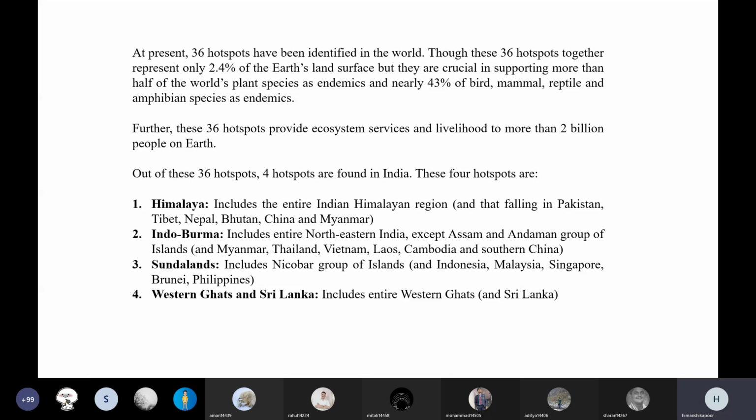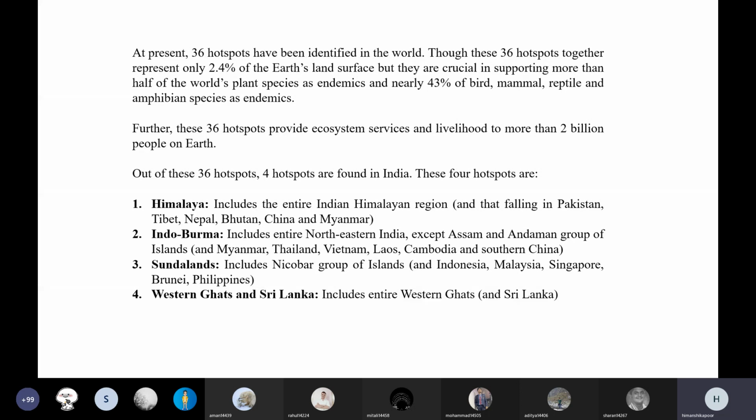So a lot of biodiversity is existing in very less area of the earth, but then also it is crucial in supporting more than half of the world's plant species as endemics, and nearly 43% of bird, mammal, reptile and amphibian species as endemic. So 2.4% ही है area, लेकिन उतने में भी बहुत ज़्यादा biodiversity exist करती है.